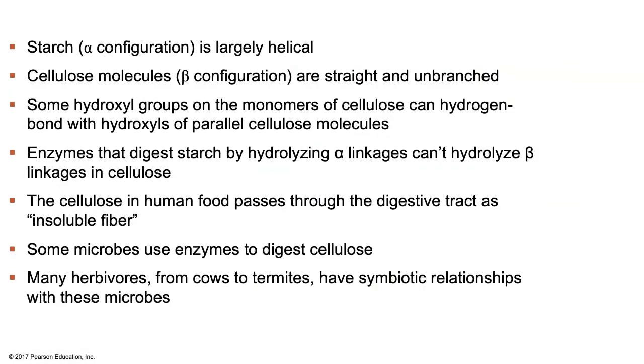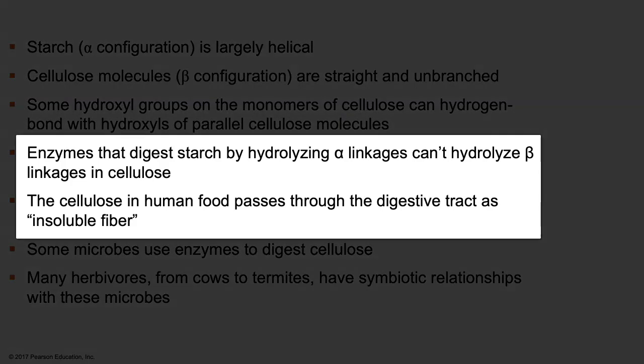When we consume cellulose, meaning when we eat plants, it passes through our digestive tract undigested, and we call this, you've probably heard this before, fiber, specifically insoluble fiber, because we're not able to digest it properly.